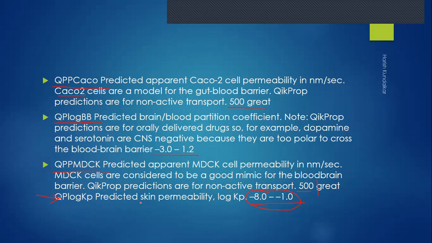So that indicates skin permeability or transdermal route of administration. But for QPP MDCK, the higher the value, the better the absorption across the intestinal barrier. Ideally, it should be above 500. QP log KP should be minus 8 to minus 1.